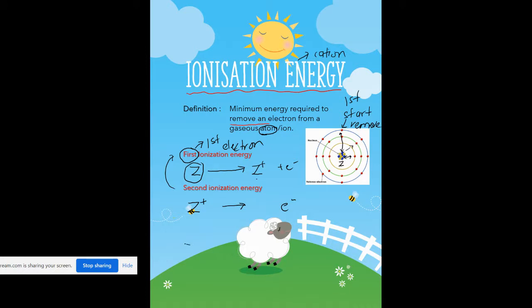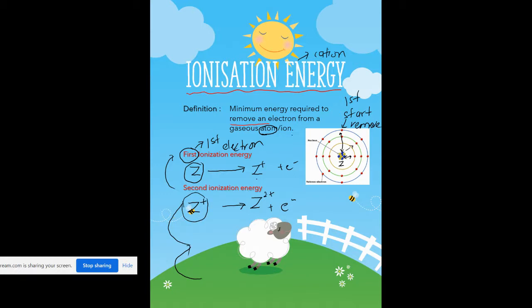The third one will be more difficult than the second one, and the fourth one will be more difficult than the third one. The process here will result in Z2 plus. Look at the reactant here. The reactant is an ion.